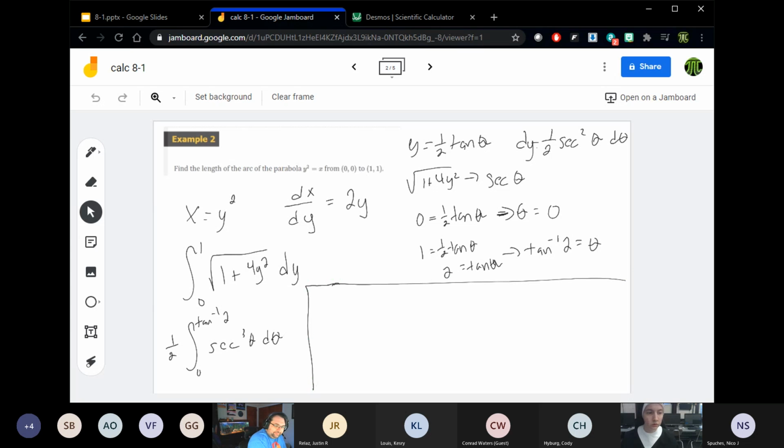So we end up getting 1/4 times secant theta tangent theta plus ln of secant theta plus tangent theta. And we're evaluating that from 0 to tangent inverse of 2.